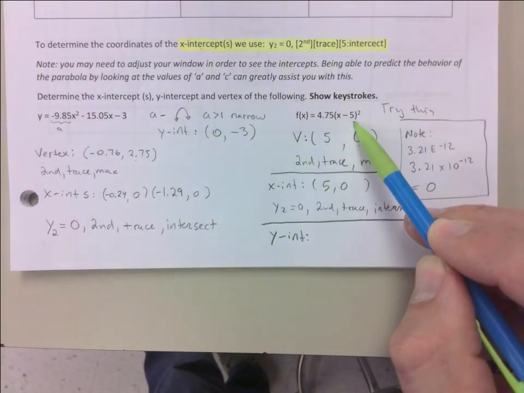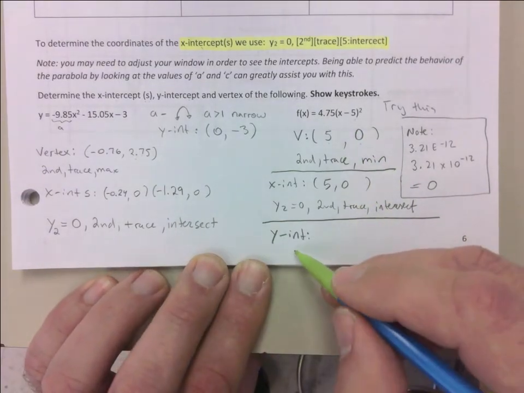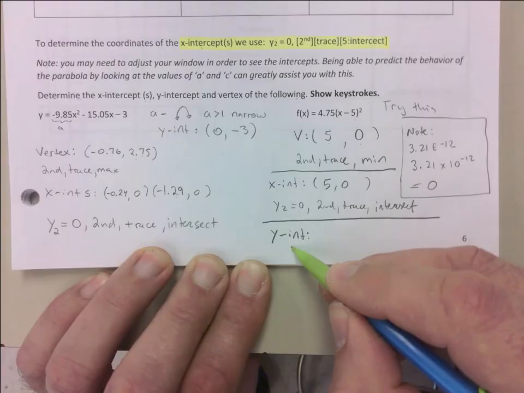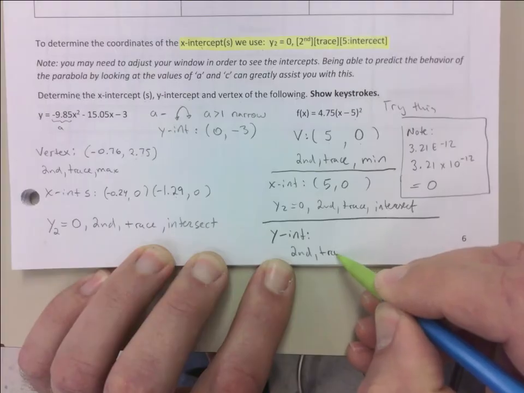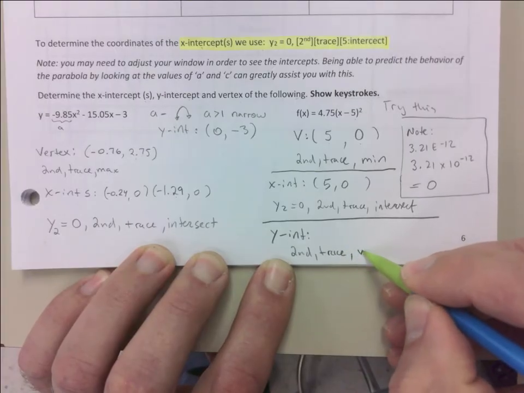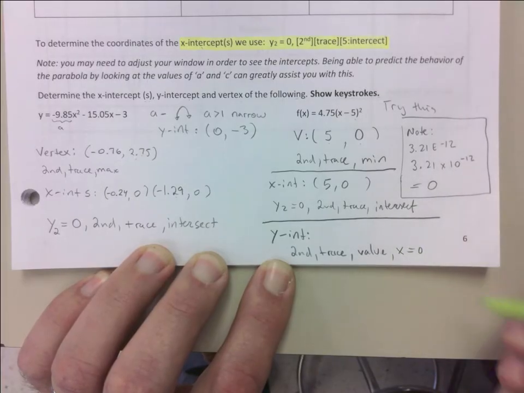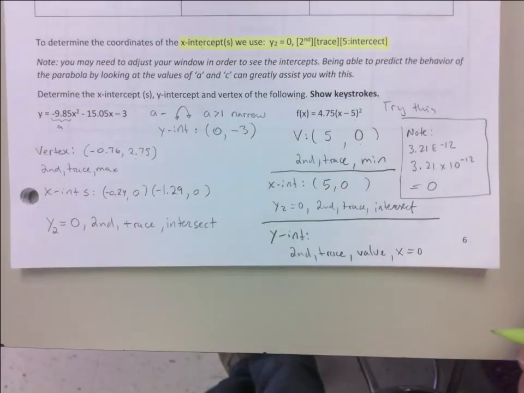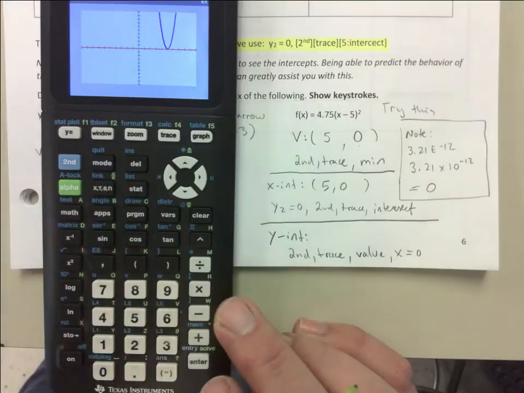So you can't just get your y-intercept that way. So to get the y-intercept, we got to go second, trace, value, x is equal to 0. That's how you do it. So graph this, hit graph again.